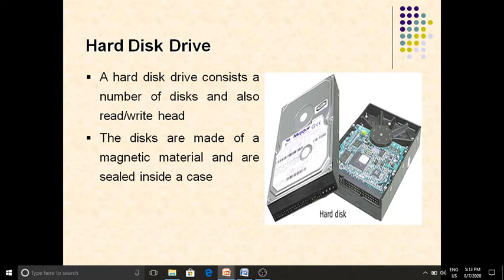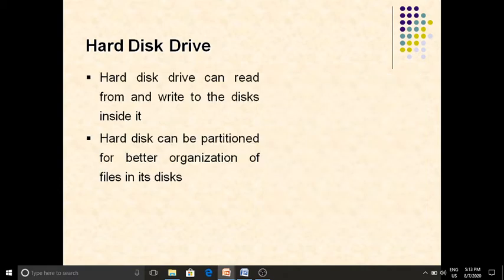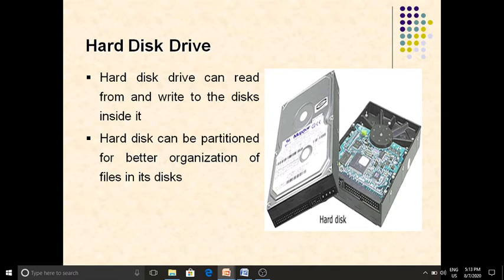This is about the hard disk drive. Next, a hard disk drive can read from and write to the disks inside it. A hard disk can be partitioned for better organization of files in its disk. This is nothing but a hard disk drive, which you can see in computer systems.